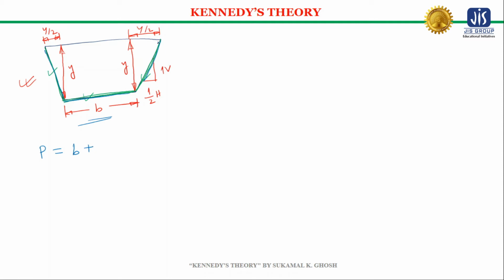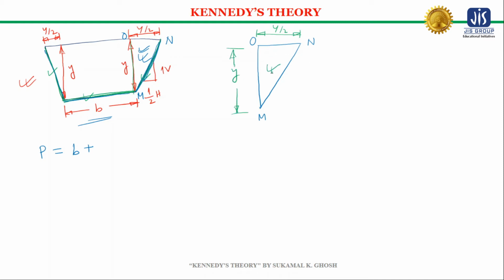Now how can we calculate this length? Suppose this is M, this is N and this is O. Now if you consider this particular triangle, let me draw it separately. So this is M, this is N and this is O. From this figure you may observe that this ON width is y by 2, and this OM is nothing but y.